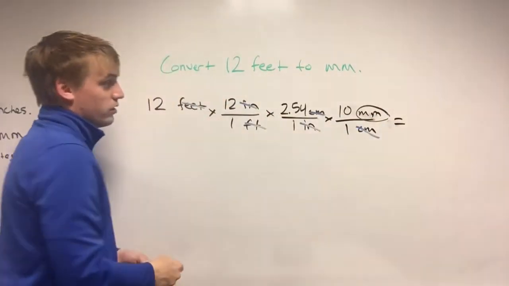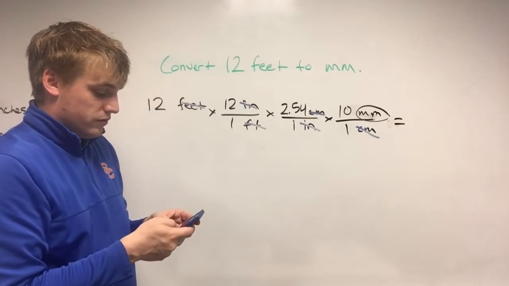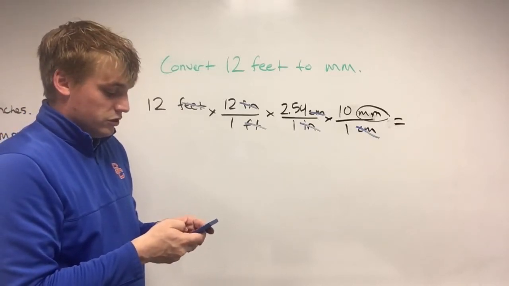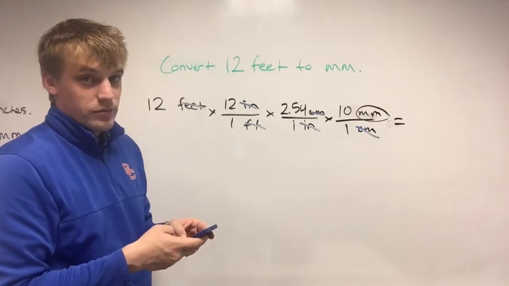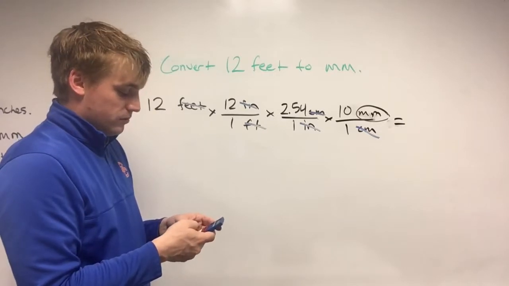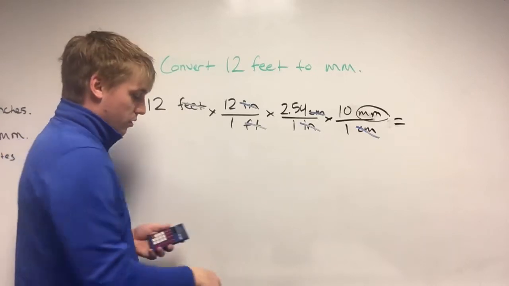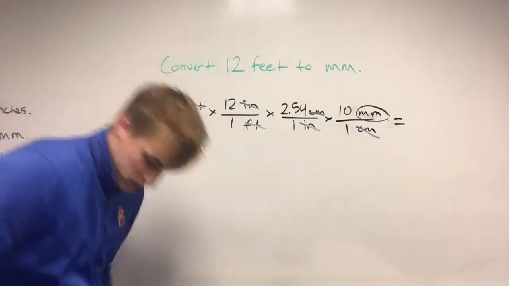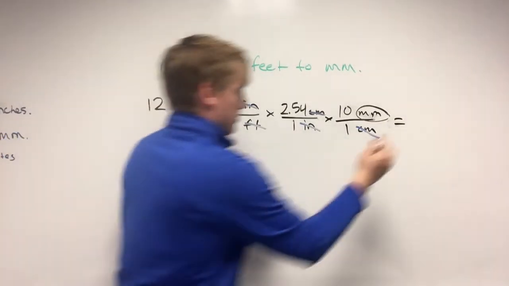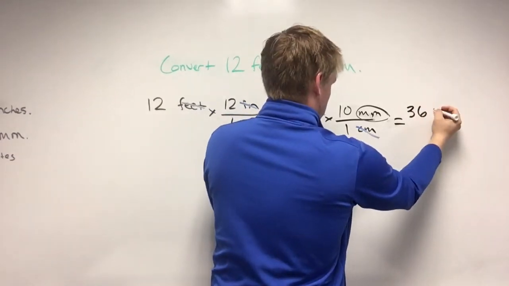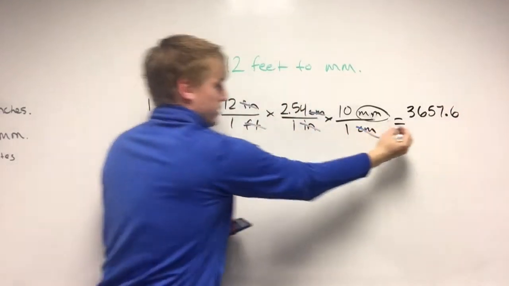This is important. There's a lot of numbers, so this is when it's important to have a calculator. So we have 12 times 12 times 2.54 times 10 equals, and I'm going to just do it again to make sure I get the same answer. 12 times 12 times 2.54 times 10. So I got 3,657.6, and then 1 times 1 times 1 is 1.